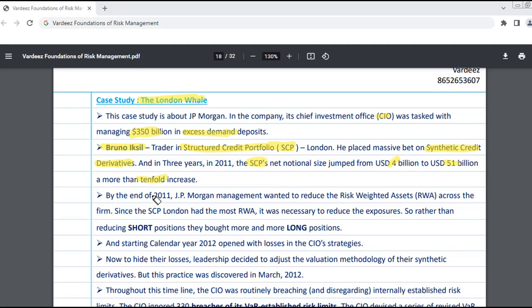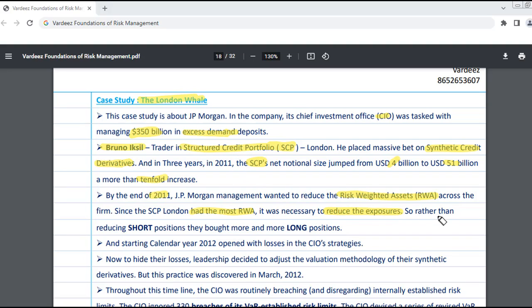Now moving on to the end of 2011, the management of JP Morgan wanted to reduce its risk weighted assets. For this case study, just remember that RWA, risk weighted assets, are just the assets weighted according to their risk. Okay, and this SCP had the most RWA, so it was necessary to reduce the exposure in this SCP.